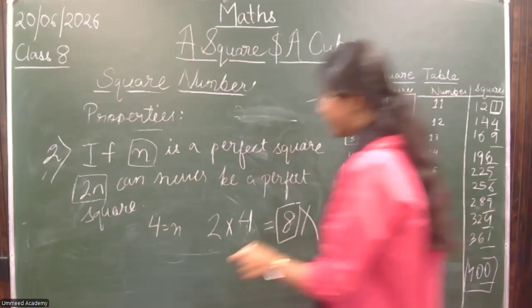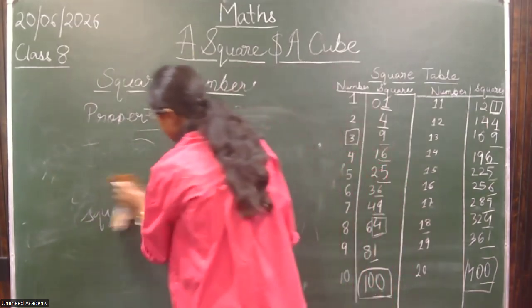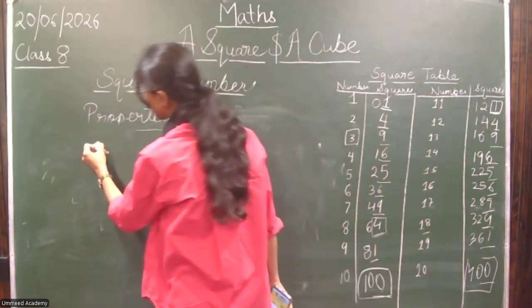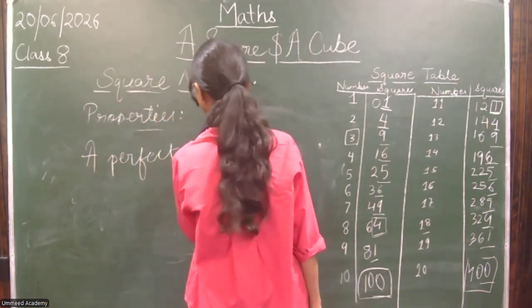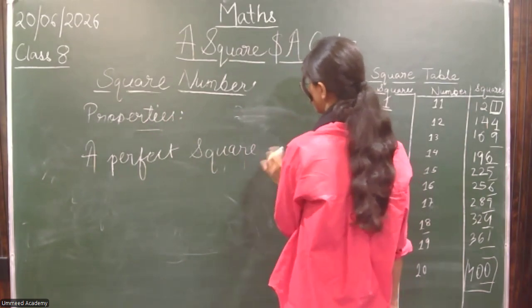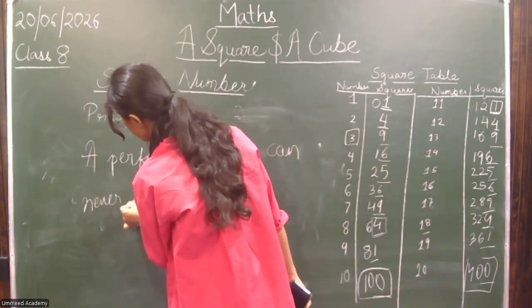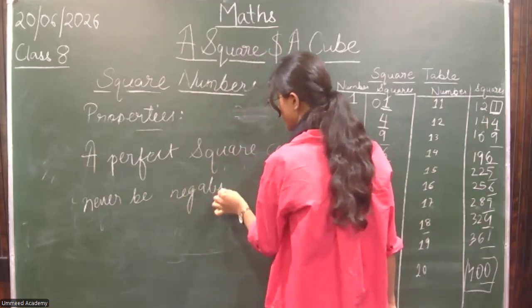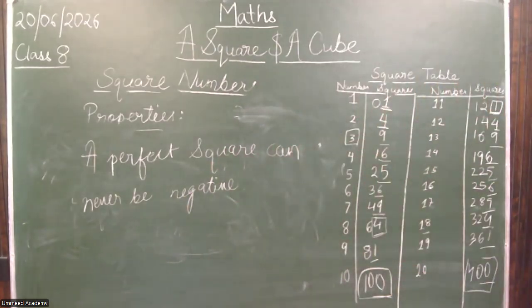This is a very basic one. A perfect square can never be negative.